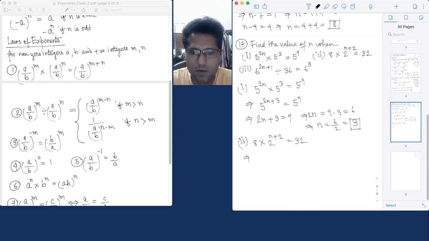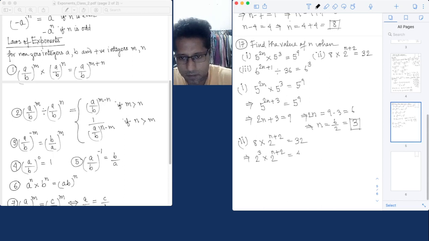So 8 I can write as 2 raised to the power 3, and this is 2 raised to the power n plus 2, and 32 I know is 16 into 2. This is 4 into 4 into 2.